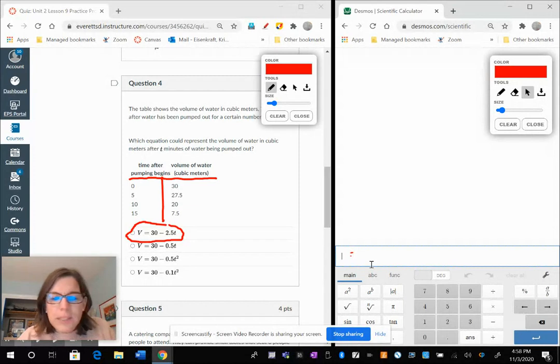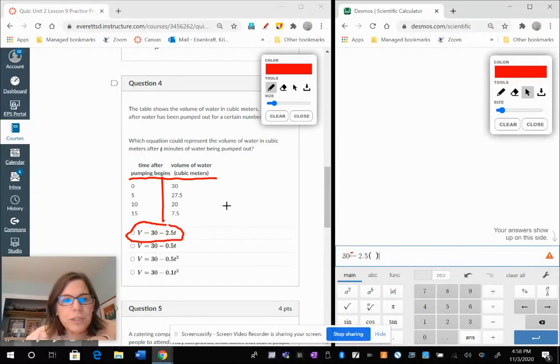Okay, so I'm going to take 30 minus 2.5 and then do parentheses. If I plug in t, which is the number on the left, I should get the number on the right. So I'm looking this way for all these pairs of numbers. Now, just because it works for one pair doesn't mean it's the correct equation. It has to work all the way down the table.